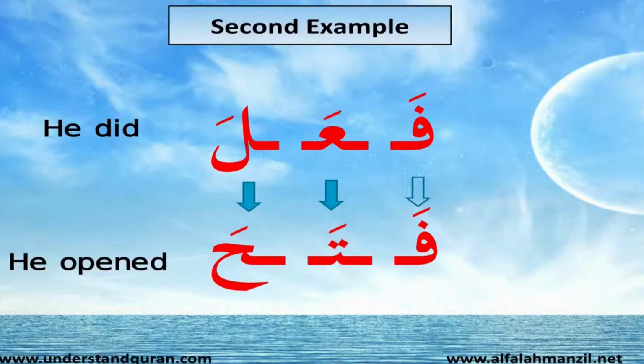Who's lost on this? If we were kids, this would be just a game. I give you 3 root letters and you just have to place them in a certain position. And how do you know? Because if I am giving you Fa, Ta, and Ha, I know Fa is Fa, Ta is my new Ain, and Ha is my new Lam. Correct? Okay. If you get this concept today, inshallah, for the future it will be very easy.